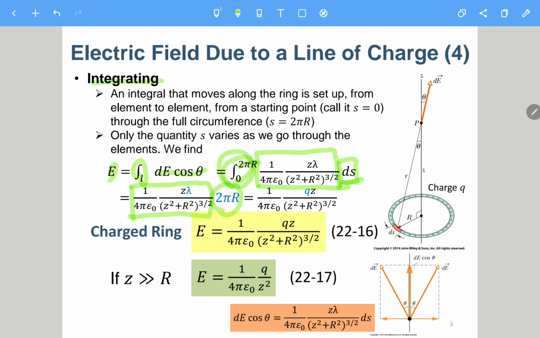Then we can do some cancellation and simplification. Just now I mentioned that Q equals 2 pi capital R times lambda. So here we have lambda and 2 pi R, and it turns out to be Q.